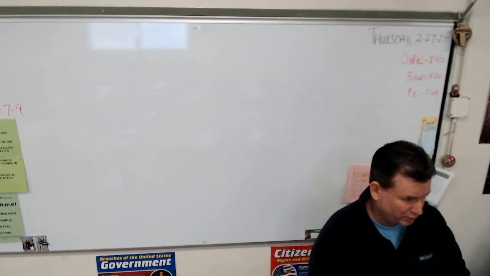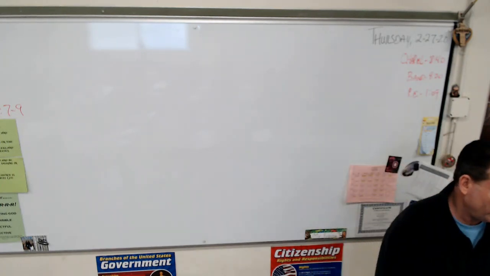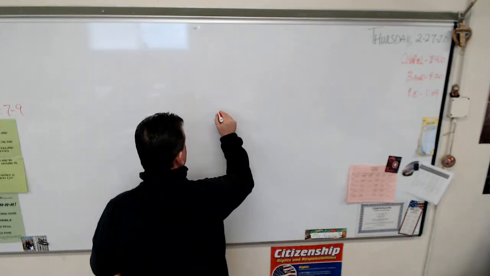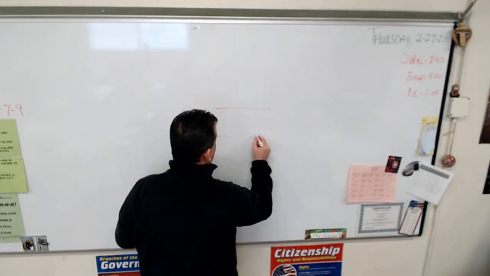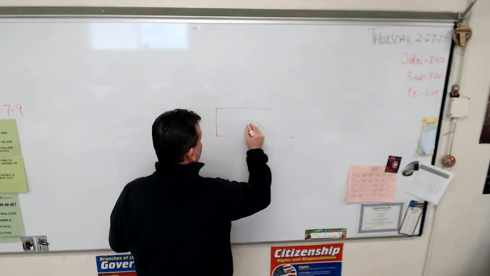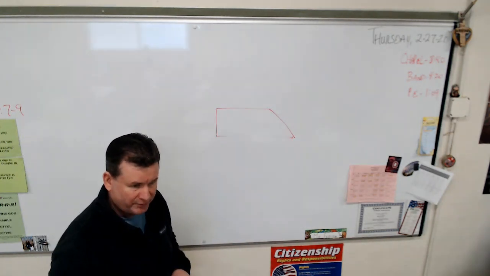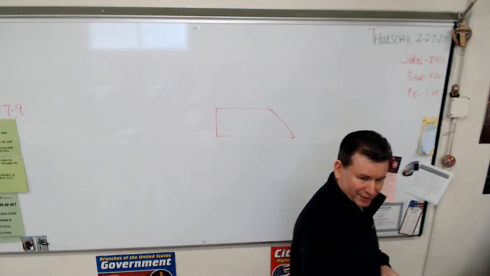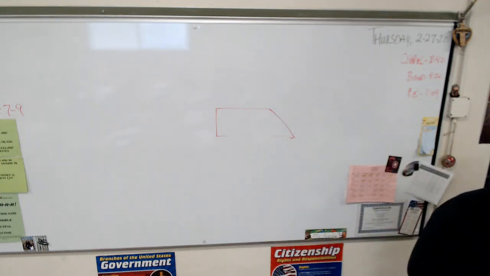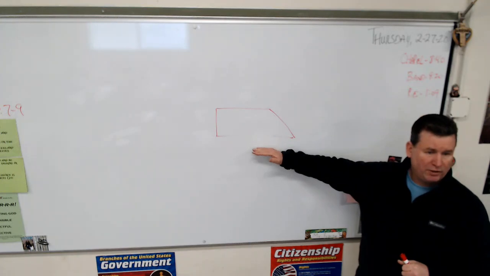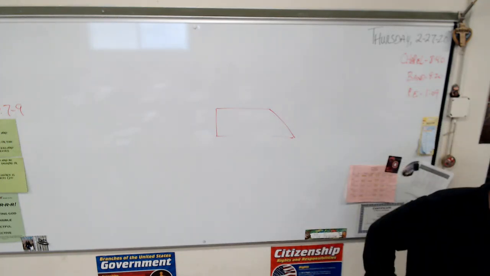There's a special fun little word for, if you draw it, only one pair, David. Let's say top and bottom are parallel, but left and right are not. What's that called? A trapezoid. Trapezoid is the answer to number 2. Everybody got that? Trapezoid.